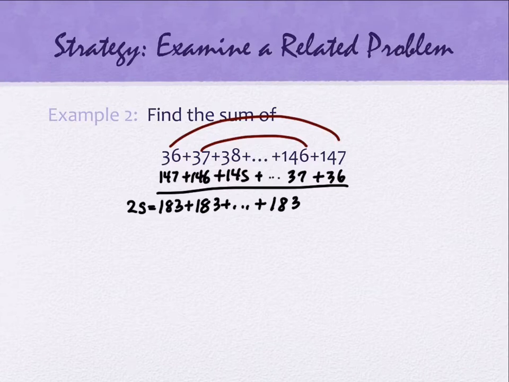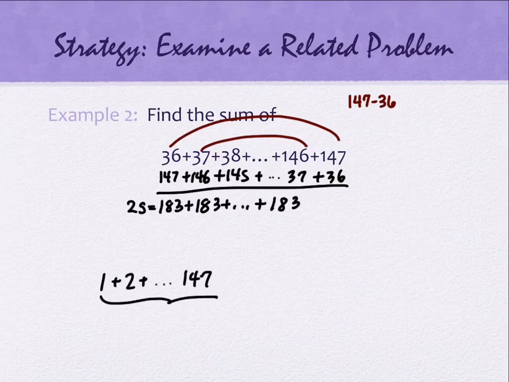Okay, so Erica's suggestion is to take 147 minus 36. What do you think? She's super close. Think with me for a moment. If I had all of the numbers from 1 up to 147, how many numbers would I have? I'd have 147, right? How many do I actually have that are missing? Do I have 36 missing?